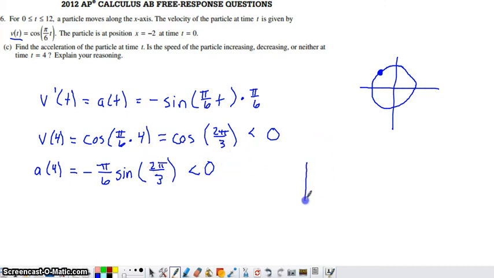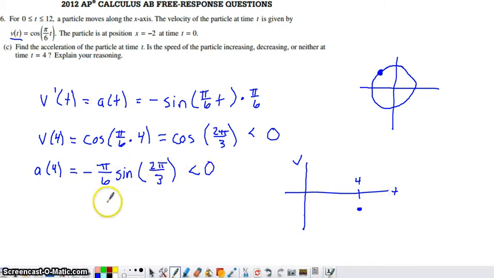So what this tells us is that on the velocity graph at the t value of 4, the velocity is going to be negative, right? We decided that a few minutes ago. So the graph is going to be below the x-axis, or the t-axis in this case.